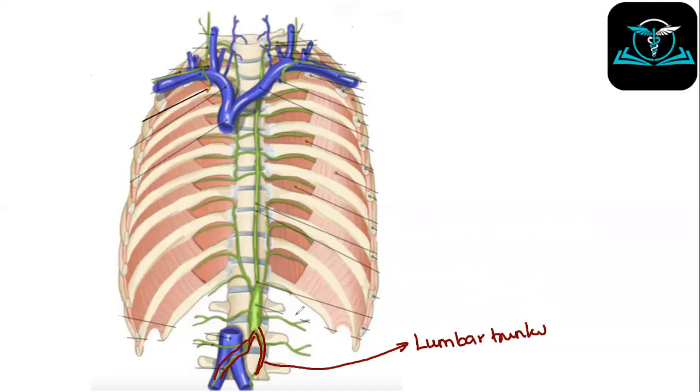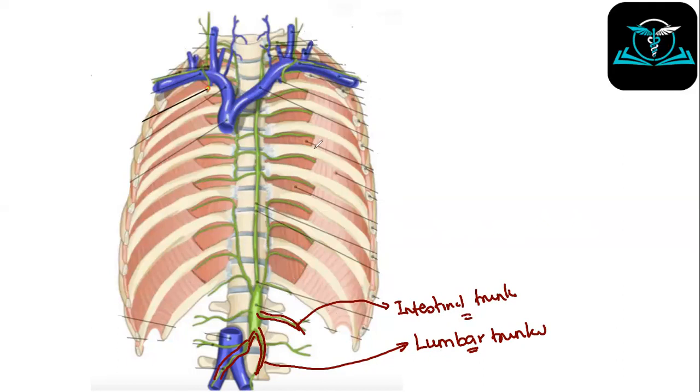And then, although we said that the intestinal trunk is actually an unpaired trunk, in some people, they may be paired, okay? But usually it's an unpaired trunk. So this one here is the intestinal trunk. Now, the intestinal trunk and then the lumbar trunks, I will come here soon again.